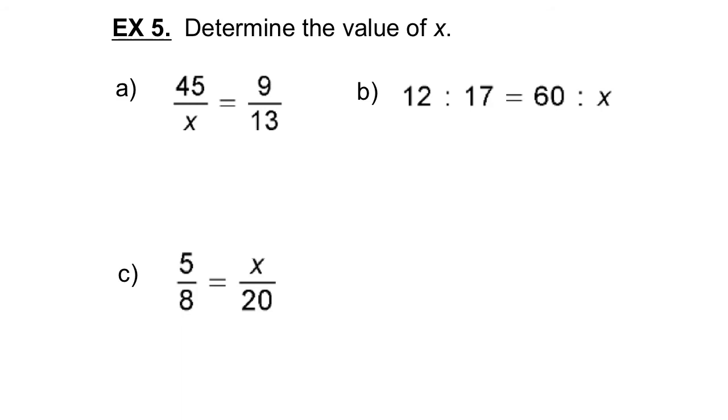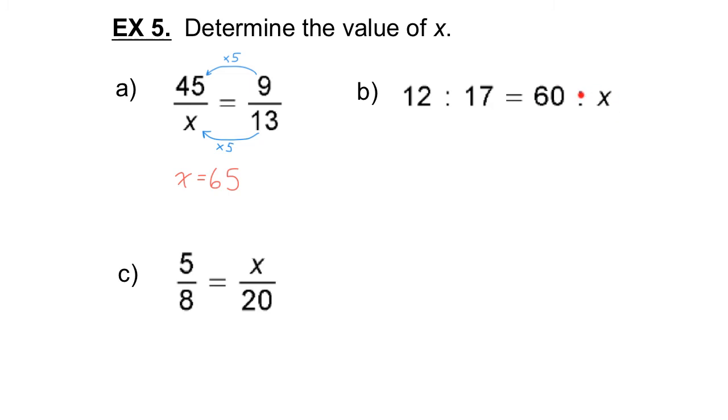So first off, this one, if you know your times tables well, you'll know that there's a relationship between 9 and 45. It's 9 times 5 gets you 45. So if we know that multiplying pattern, it's going to be the same thing down here. So x is just 13 times 5, which is 65. Now in the next one, here's a ratio.